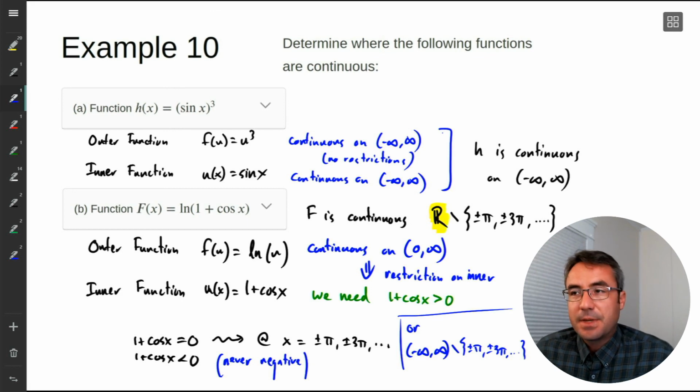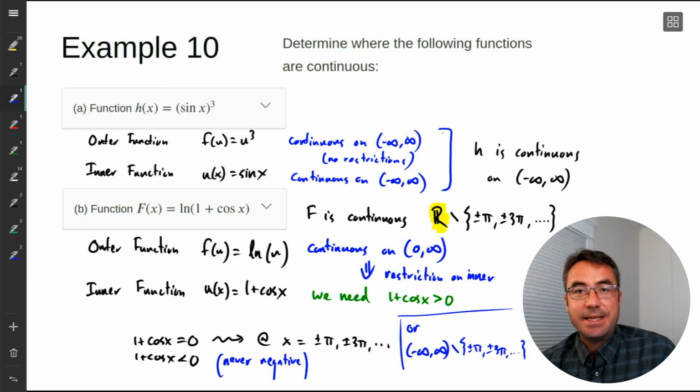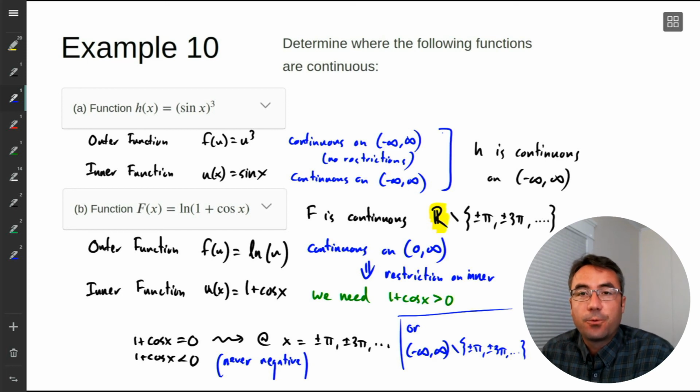All right, so continuity is a very useful idea, in that if we know a function is continuous, we can quickly calculate its limit. In a lot of applications, we want to know if our function is continuous.